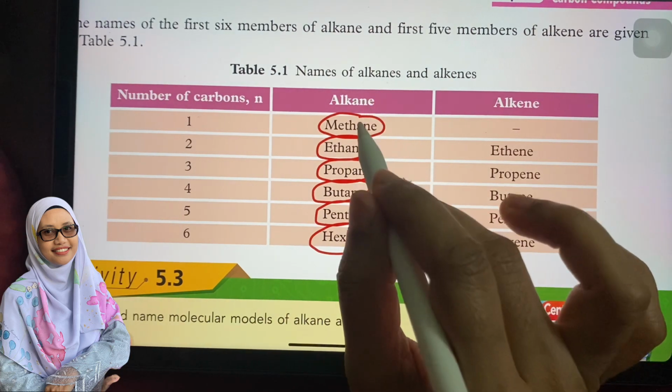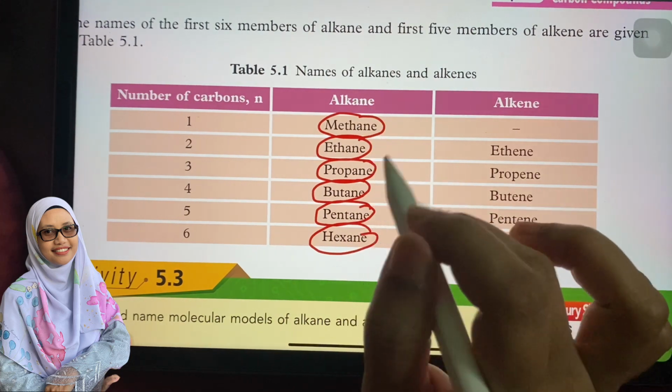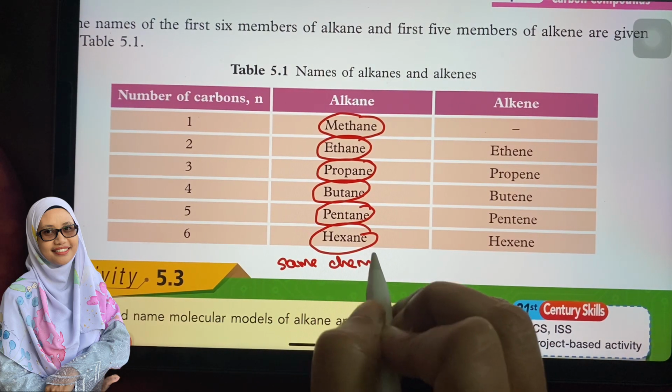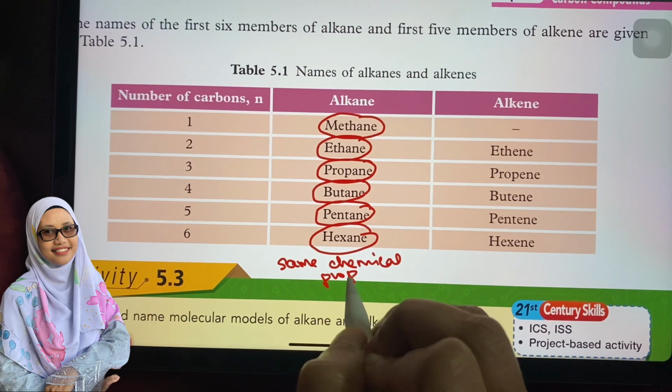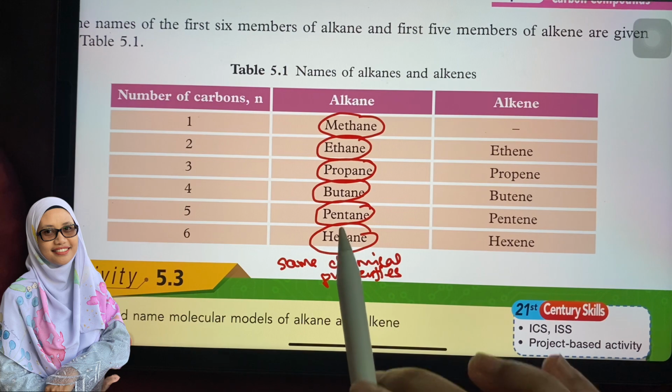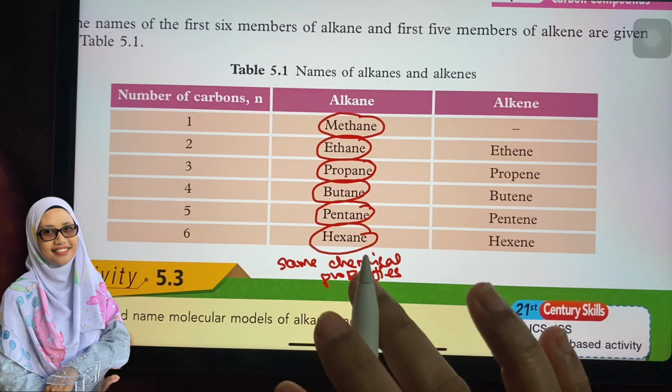From methane to hexane, all have the same chemical properties. Why do they have the same chemical properties?